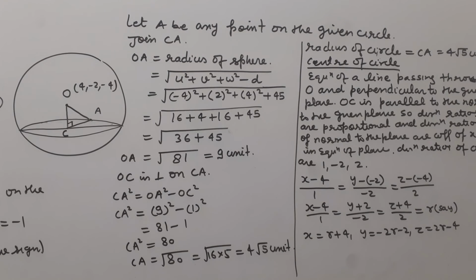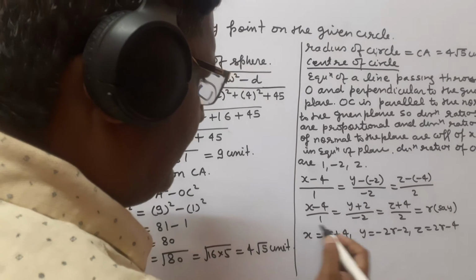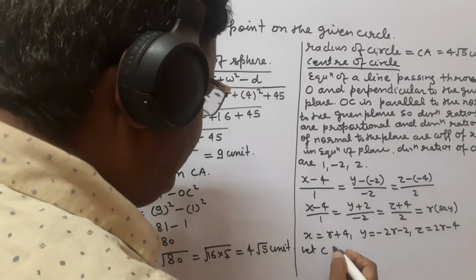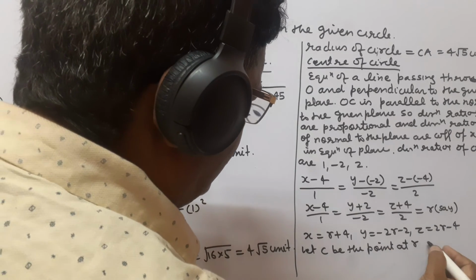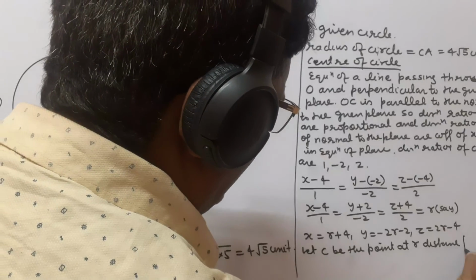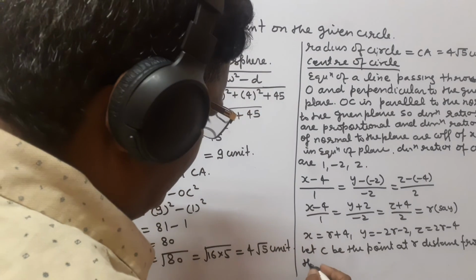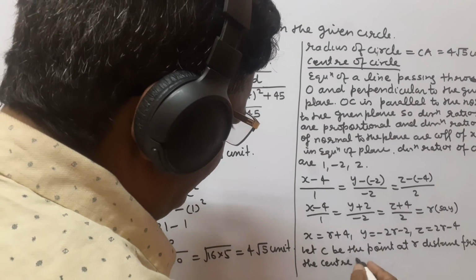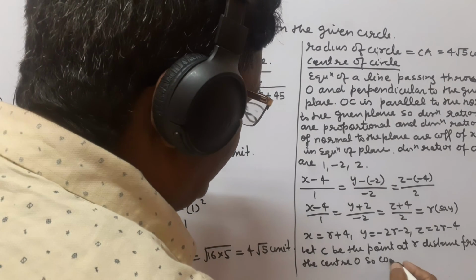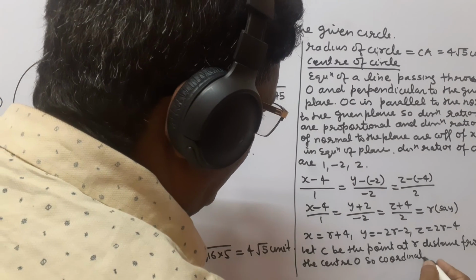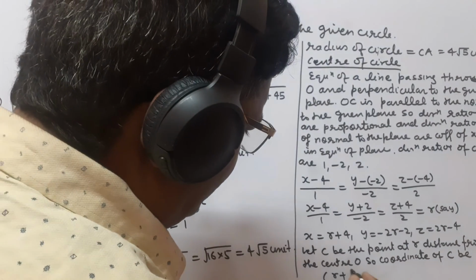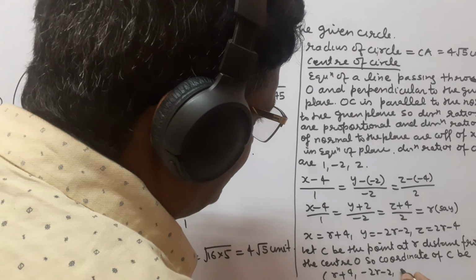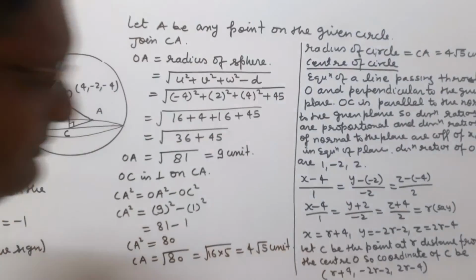We suppose that C is the point at r distance from the center O. So the coordinates of C are r plus 4, minus 2r minus 2 and 2r minus 4.